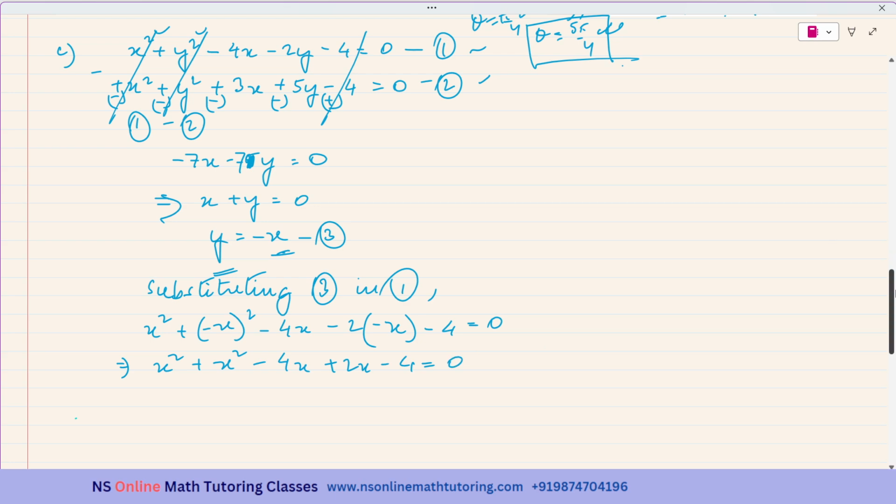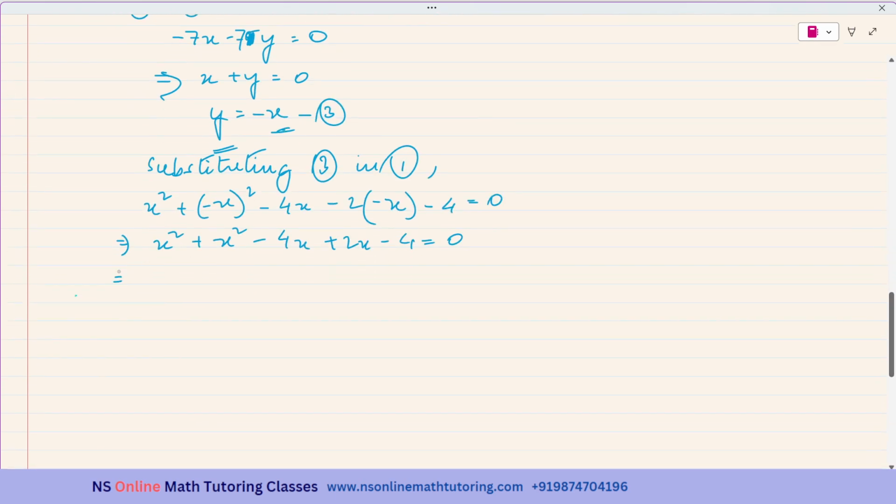or 2x square minus 2x minus 4 is equal to 0. Dividing the entire equation by 2, we get x square minus x minus 2 is equal to 0. Okay. So this is x square, and I can write plus x and minus 2x and minus 2 equal to 0.